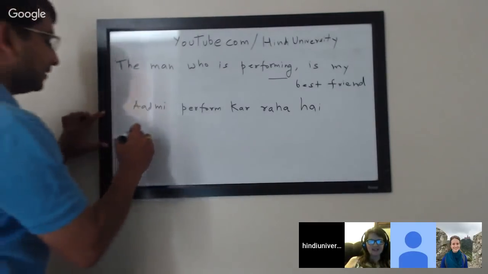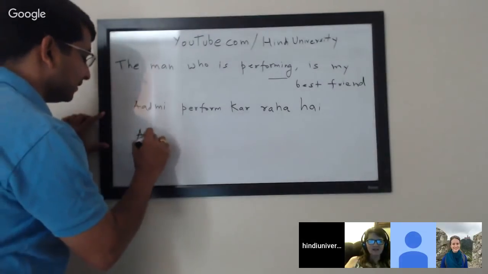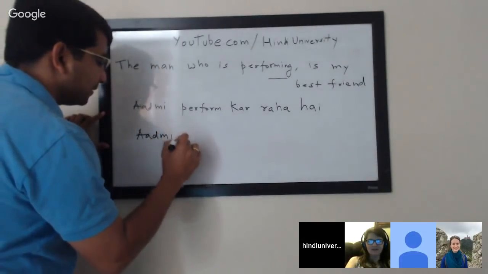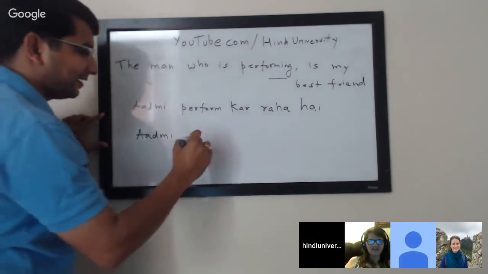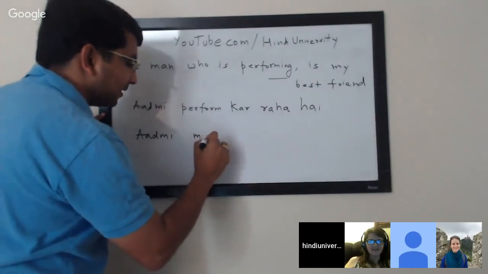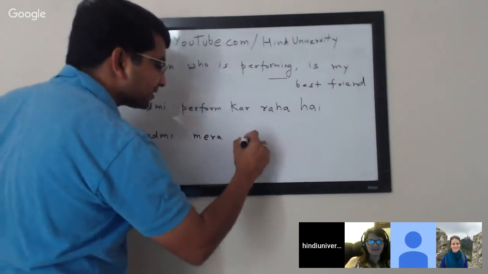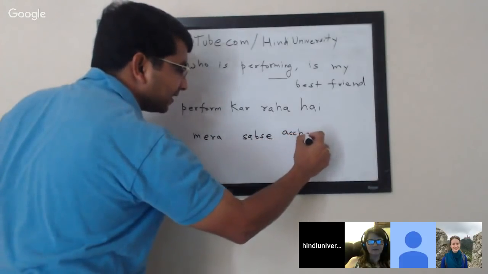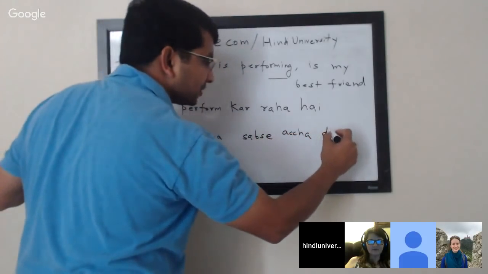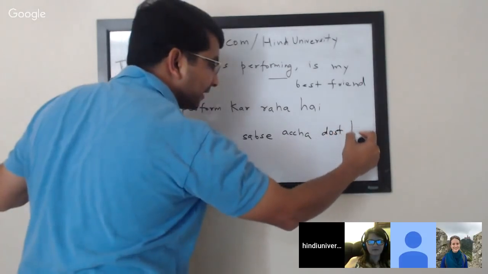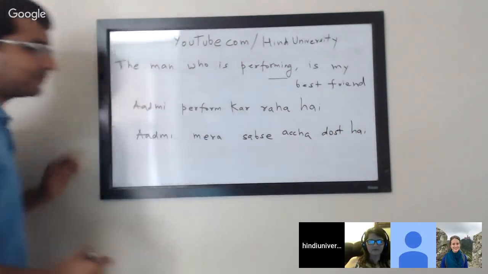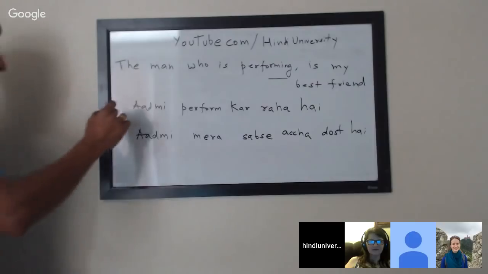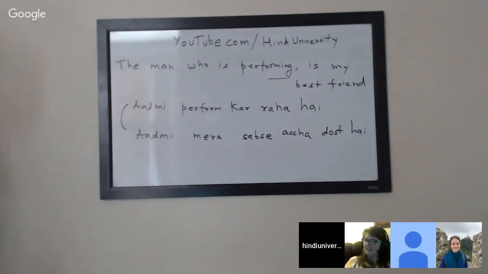So आदमी मेरा सबसे अच्छा दोस्त है. My best friend, right? Awesome. How do you combine both of them?